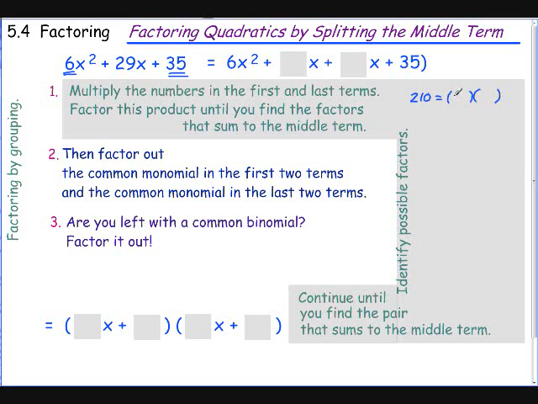So I could use 21 and 10, but when I add those together I get 31. That's too much. So what else could I do? 210. How else could I factor that? I know it's all going to be positive because I got only positives there, so that's a clue. What do you think I could do? What else could I use? Well, how about 7 and 30? Oh, well, that's ridiculous. That's already above 29. Can't do that.